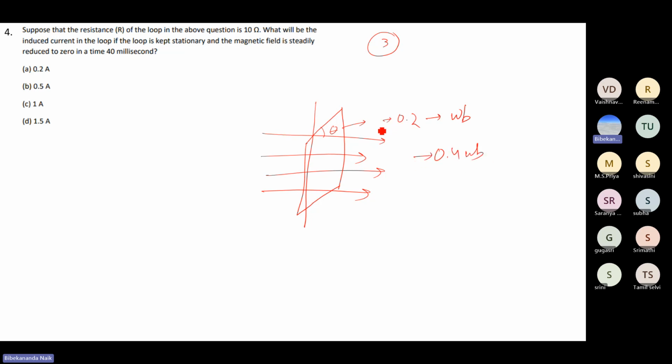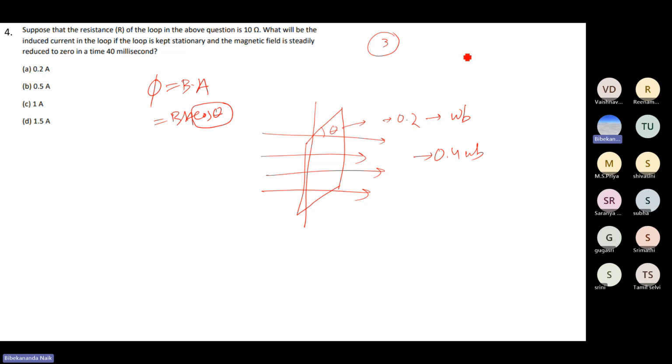In that case, magnetic field was same, but due to the rotation of the coil, the flux associated with the magnetic field was varying. If you see the magnetic flux, what is the formula for magnetic flux phi? It is B dot A or B A cos theta. So this cos theta is a factor which depends upon the angle it makes with the lines of force direction.